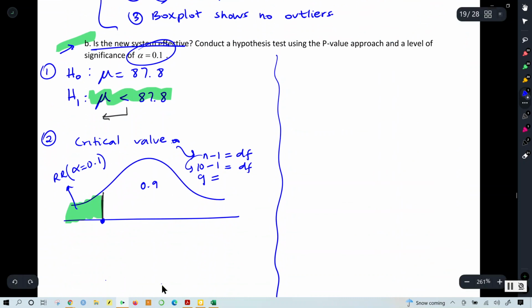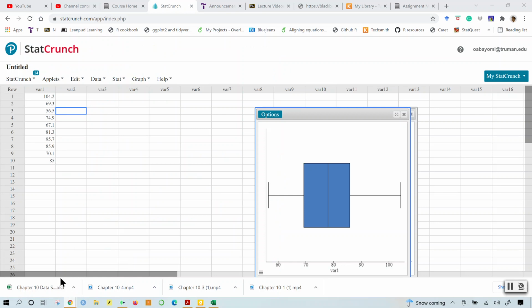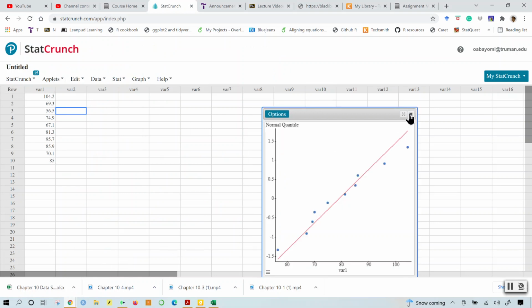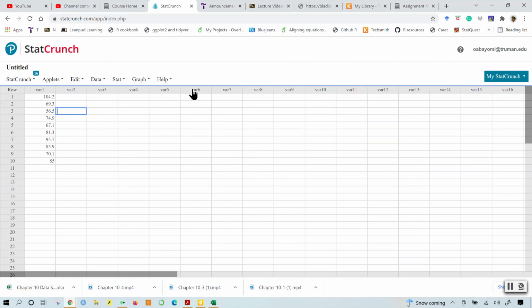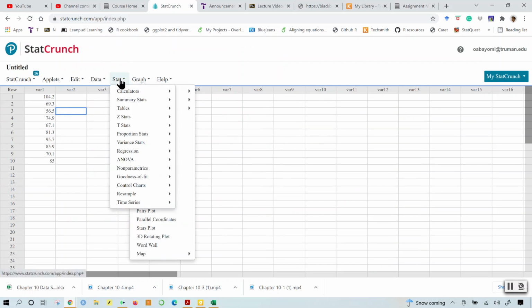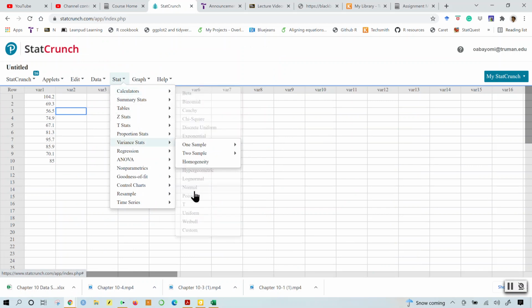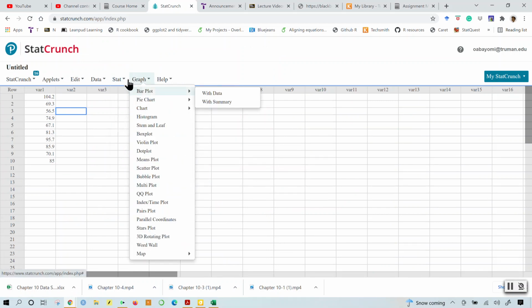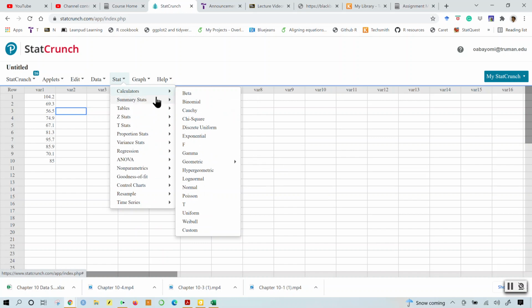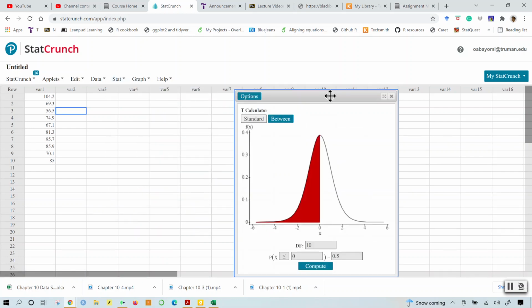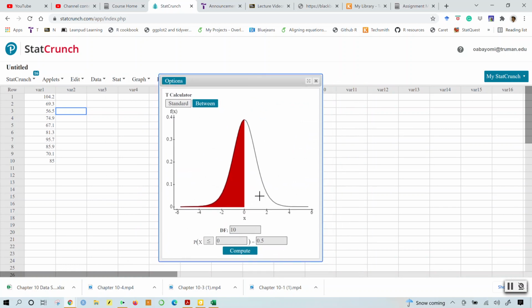So I'll take this back to our stat crunch. I'm going to close this and close this, and go to calculators, go to my t distribution. Okay, this is acting weird. Let's see. So you have the t distribution, and I would like to drag this aside.